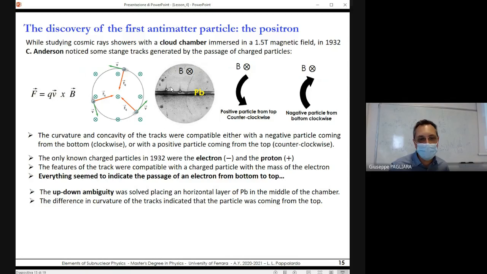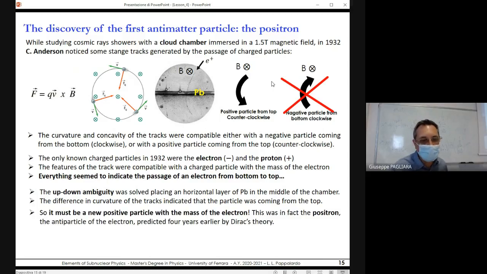Indeed, what you see here is that the bending of the track is enhanced after the passage of the lead layer. So for sure, this particle was coming from the top to the bottom, slowing down here, and then increasing its curvature after the lead layer. Clear? So we can get rid of these negative particles coming from the bottom.